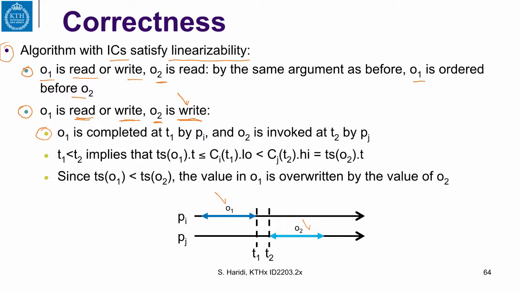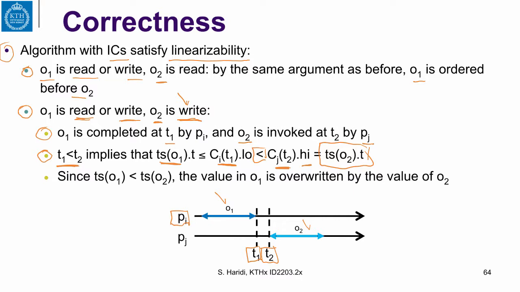O1 is completed at time t1, this time here, by pi, and O2 is invoked at time t2 by pj. t1 less than t2 implies that the timestamp of the first operation is less or equal to the lower bound of the clock of that process at t1, which is strictly less than the higher bound of the clock of the other process j at t2, which is equal to the timestamp of the second operation.